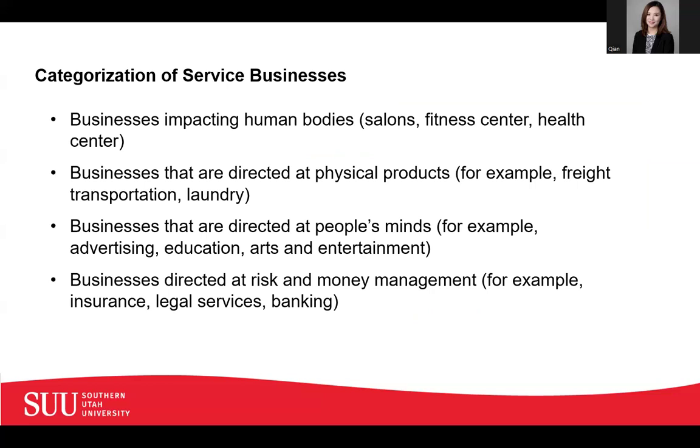And the following few slides just give you several ideas about what kinds of service business there are, for example, businesses impacting human bodies or directing physical products. So you don't have to spend too much time on it, but when you prepare for your test one and read the textbook, you probably just take a look at the examples for the different categories of service business.